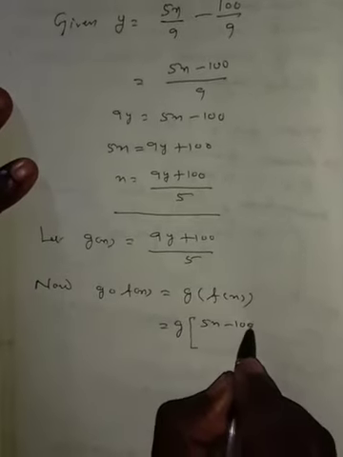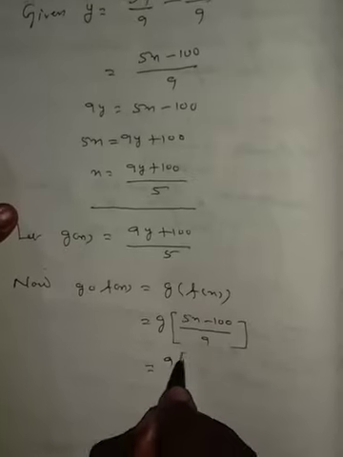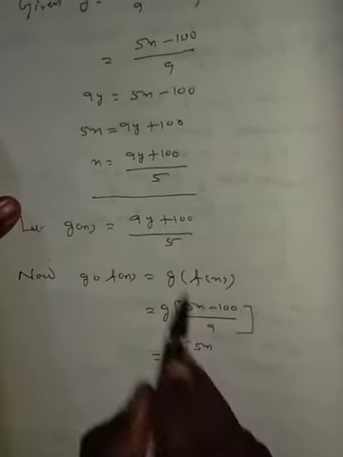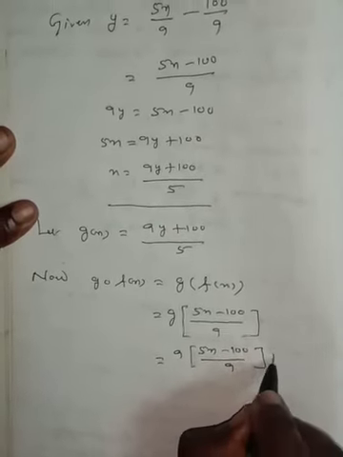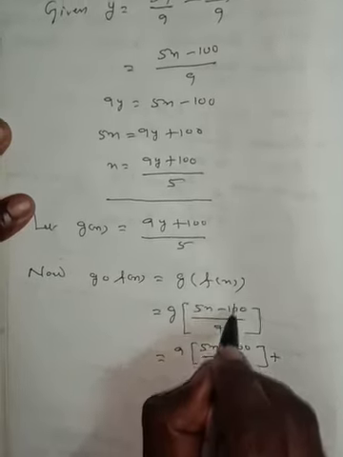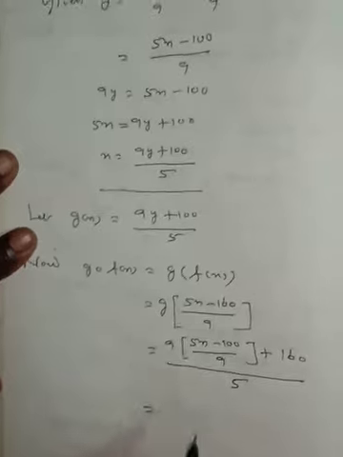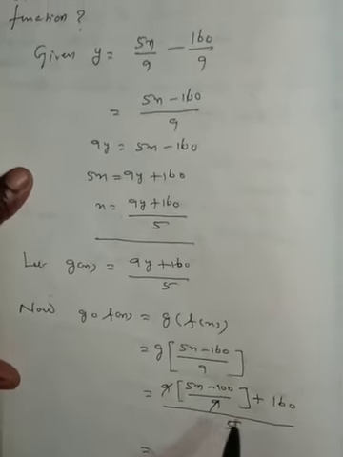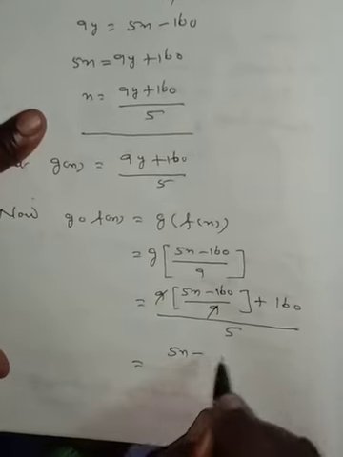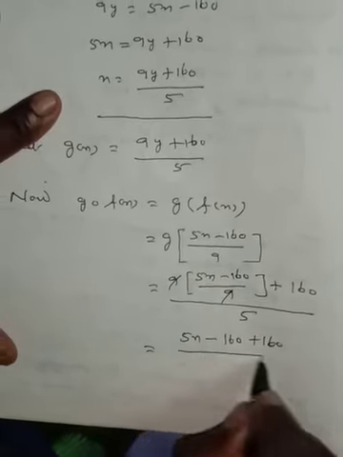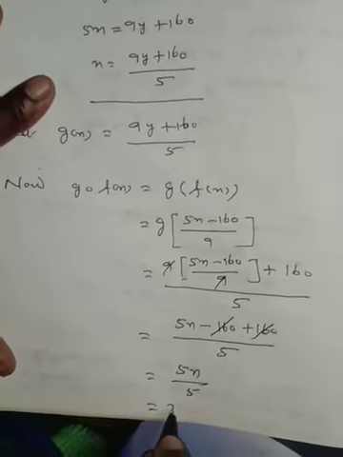Then g of that is equal to 9 into (5x minus 100 divided by 9) plus 100 divided by 5. 9 cancels, you get 5x minus 100 plus 100 divided by 5. 100 cancelled. 5x divided by 5 is equal to x.